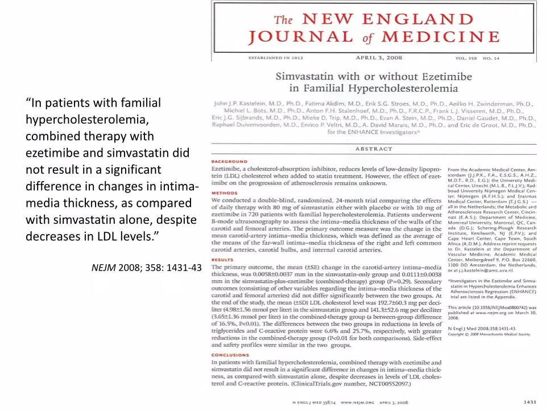It was seen that patients with familial hypercholesterolemia using a statin and a cholesterol blocker together did not improve the intima media thickness as compared to the simvastatin alone, despite decreases in LDL levels. So what this means is that although one marker, the LDL, was improved, the combination of the two medications did not result in improvements in the intima media thickness, which is a marker of atherosclerosis.